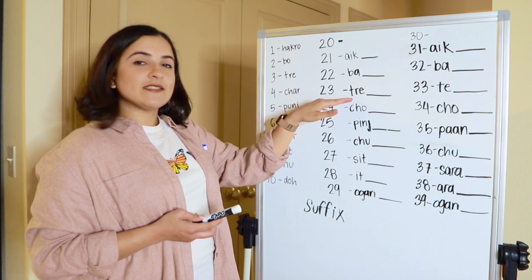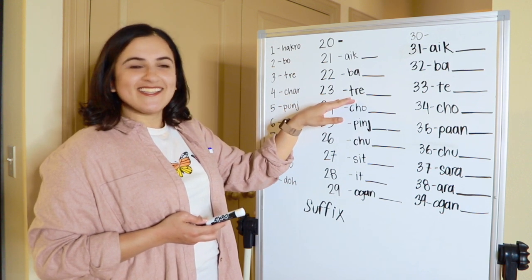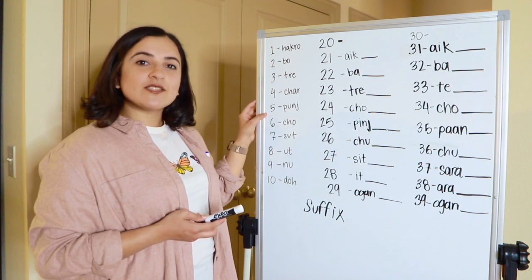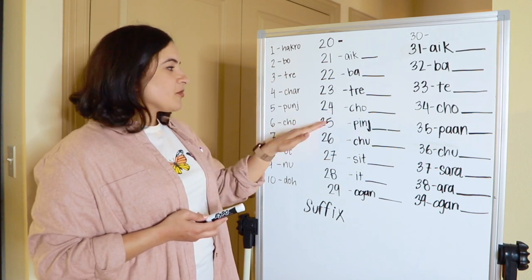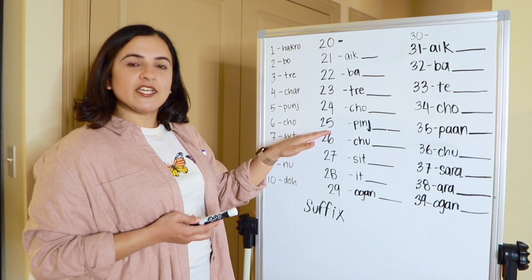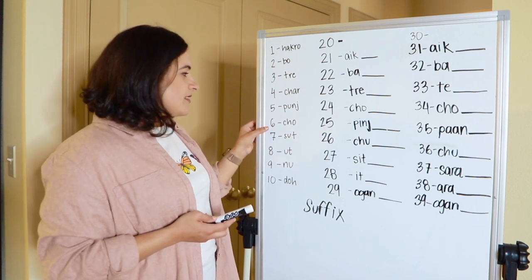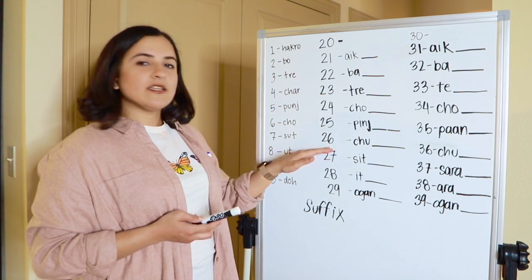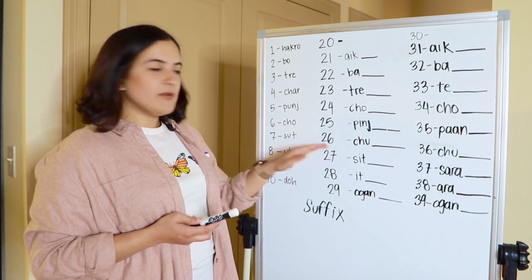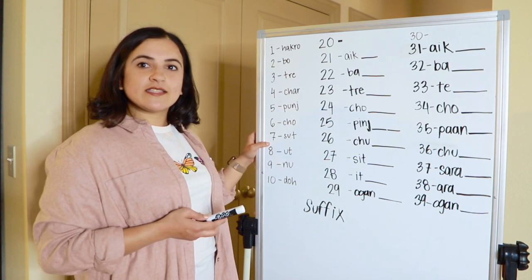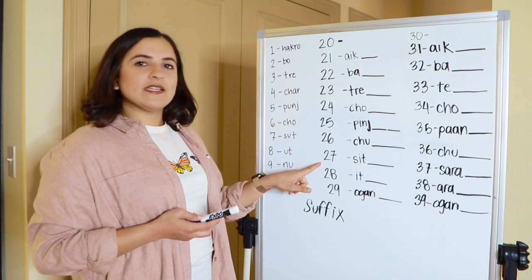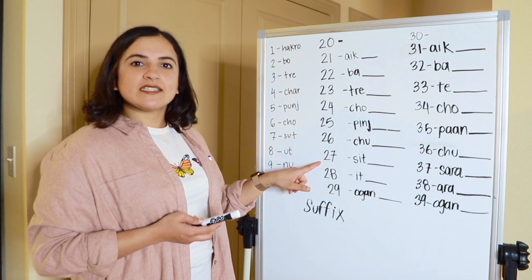The root word is tre. That's easy. 5 is bunj. The root word is binj. 6 is cho. The root word is cha. 7 is set. The root word is sit.